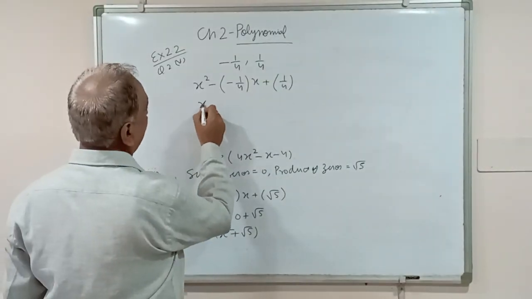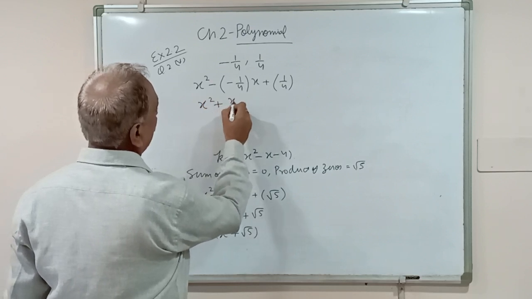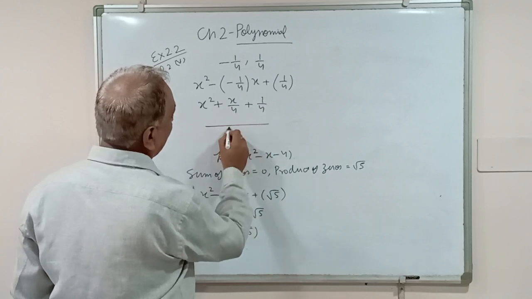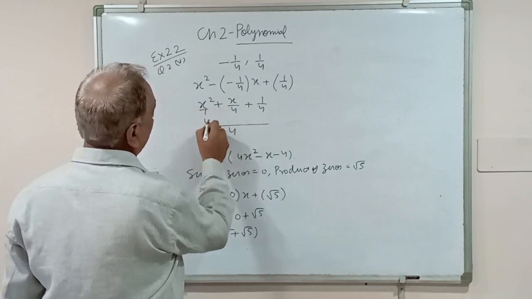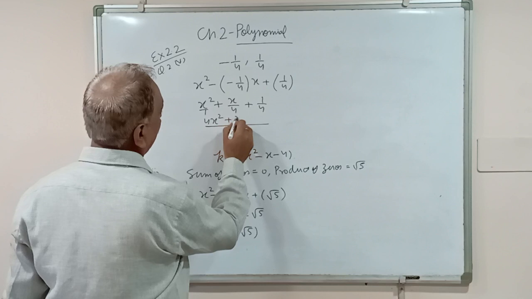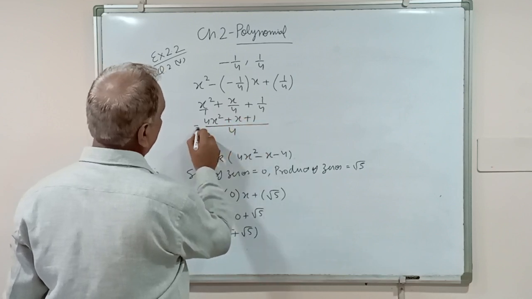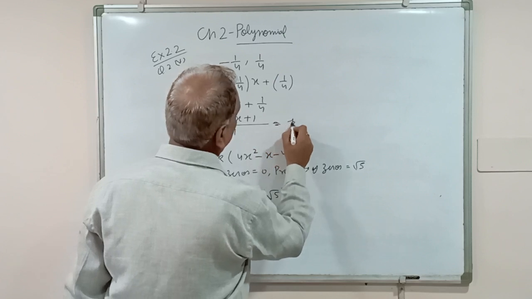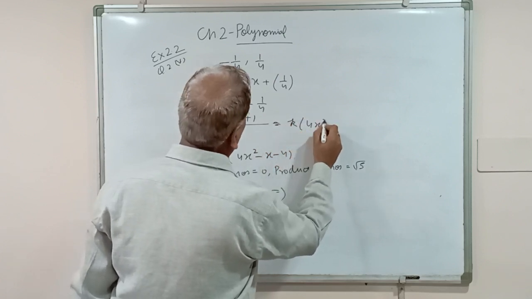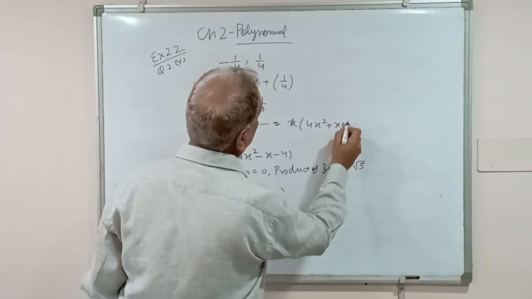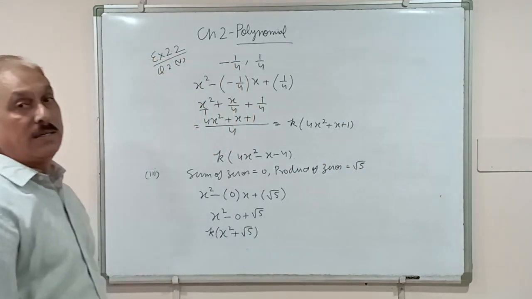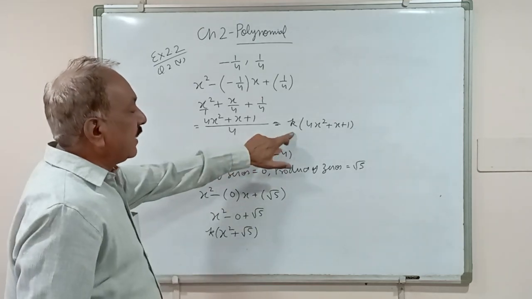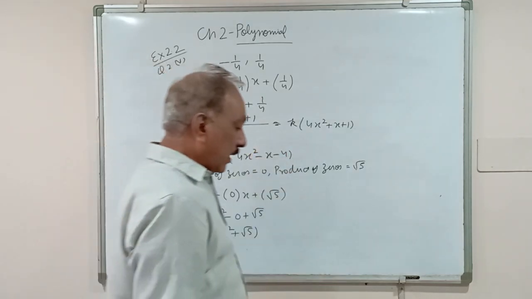Solve it. Take LCM. This is 4x square plus x plus 1 equals 0. So denominator remove. This is 4x square plus x plus 1. This is fifth part.